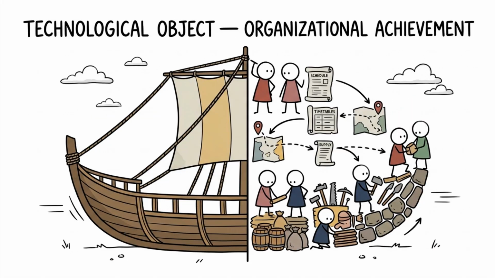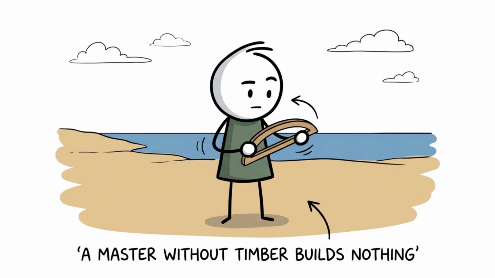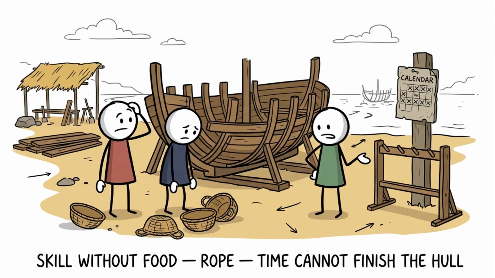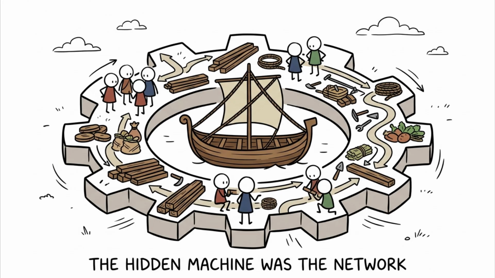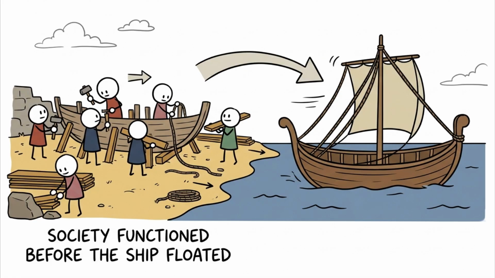The ship was therefore a technological object and an organizational achievement. A perfect master without seasoned timber could build nothing. Excellent carpenters without rope, food, or time could not finish the hull, and a wealthy ruler without craft knowledge could waste enormous resources. The hidden machine was the entire network that delivered coordinated expertise. The vessel floated because the society behind it functioned before launch.